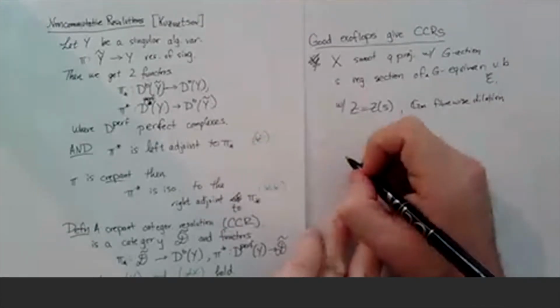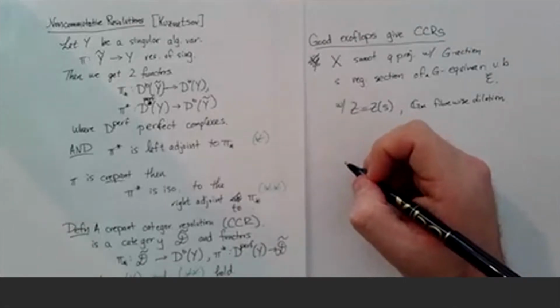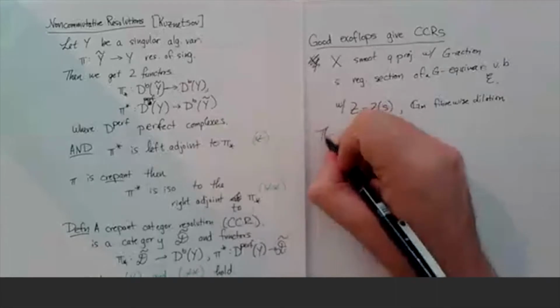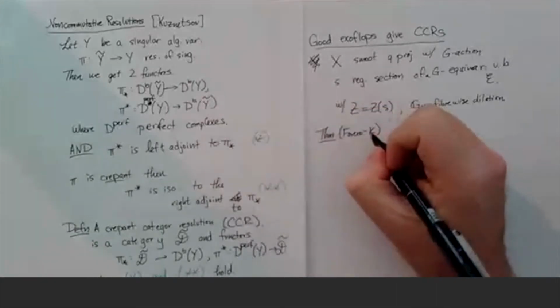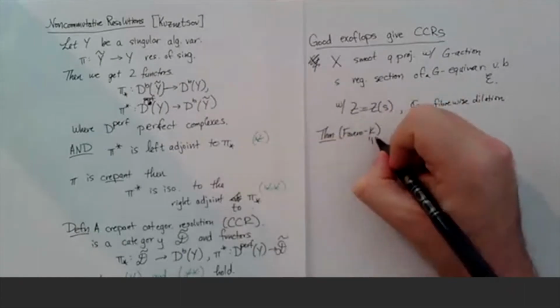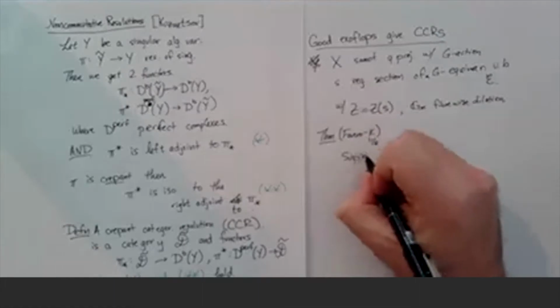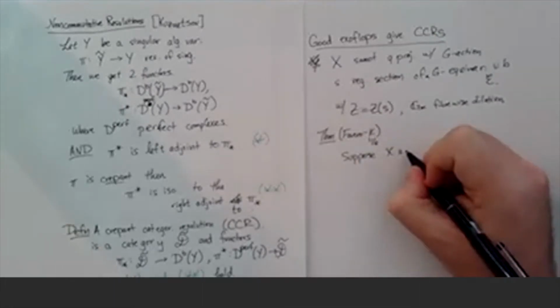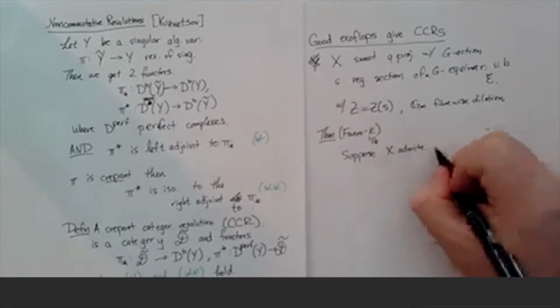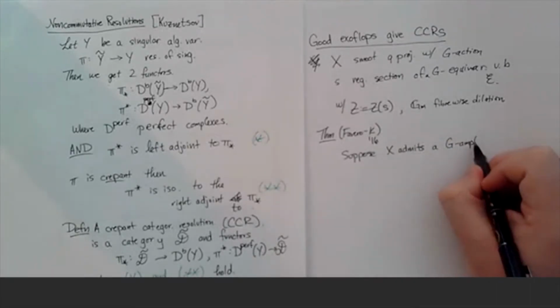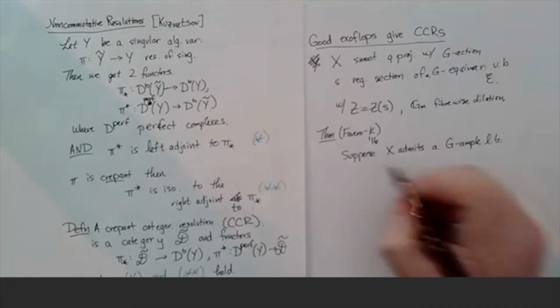Okay. Then I suppose further, so this is the setup for the theorem that Favero and I proved in like 2016, suppose X admits a G ample line bundle.